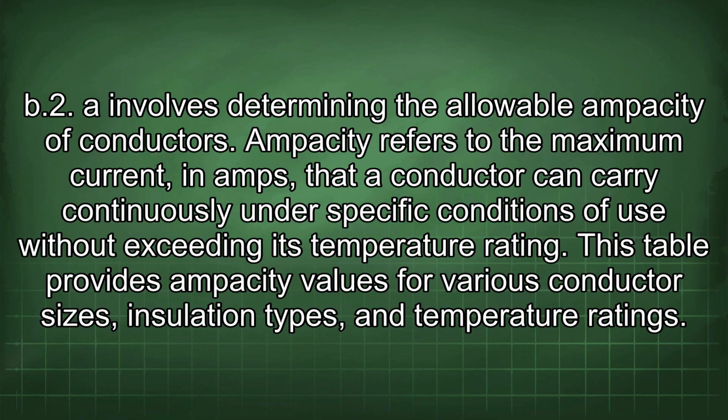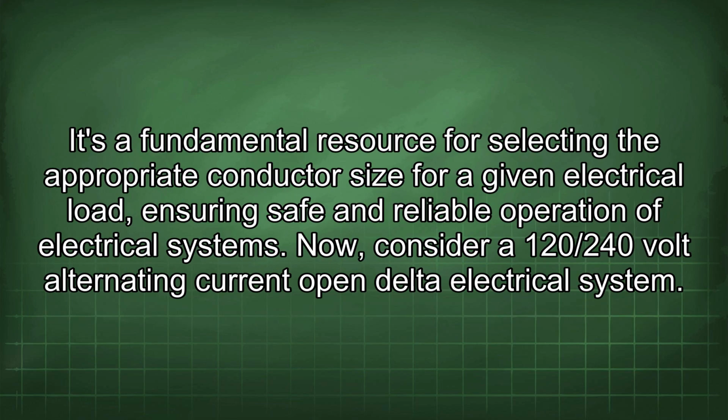Ampacity refers to the maximum current in amps that a conductor can carry continuously under specific conditions of use without exceeding its temperature rating. This table provides ampacity values for various conductor sizes, insulation types, and temperature ratings. It's a fundamental resource for selecting the appropriate conductor size for a given electrical load, ensuring safe and reliable operation of electrical systems.